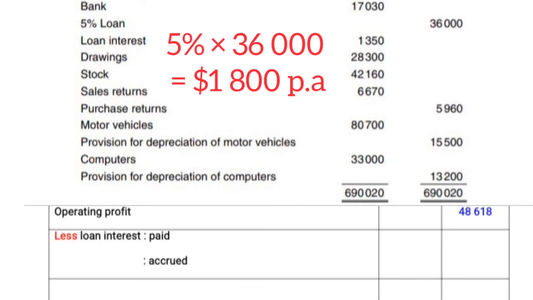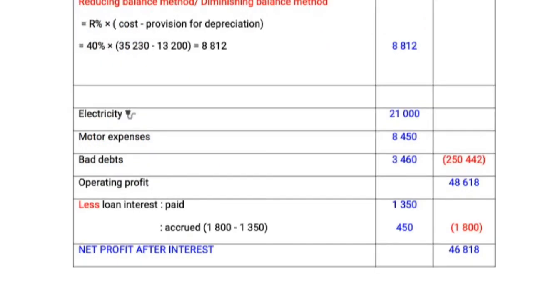So 1,800 minus 1,350 means that 450 is the accrued loan interest, right? If you add the two, you get 1,800, which is recorded in the income statement. Deduct it from 48,618. So 48,618 minus 1,800, you get 46,818. And 46,818 denotes your net profit. So this is how you're supposed to prepare the income statement for you to get the 43 marks.